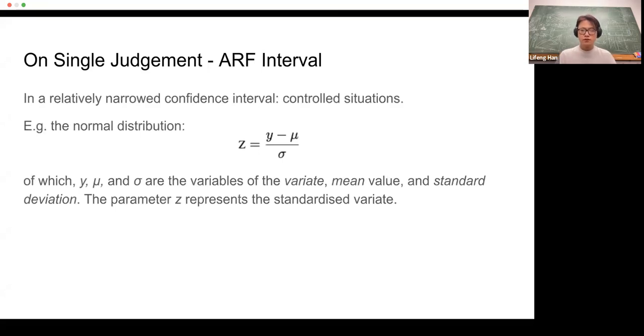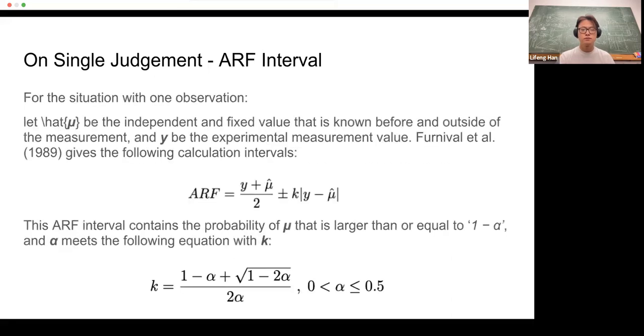In a relatively narrow confidence interval, such as in controlled situations like the normal distribution, here y, mu, and sigma are the variables of the varied mean value and the standard deviation. The parameter z represents the standardized variate. For the situation with one observation, let mu hat be the independent and fixed value that is known before and outside the measurements, and y be the experimental measurement value.